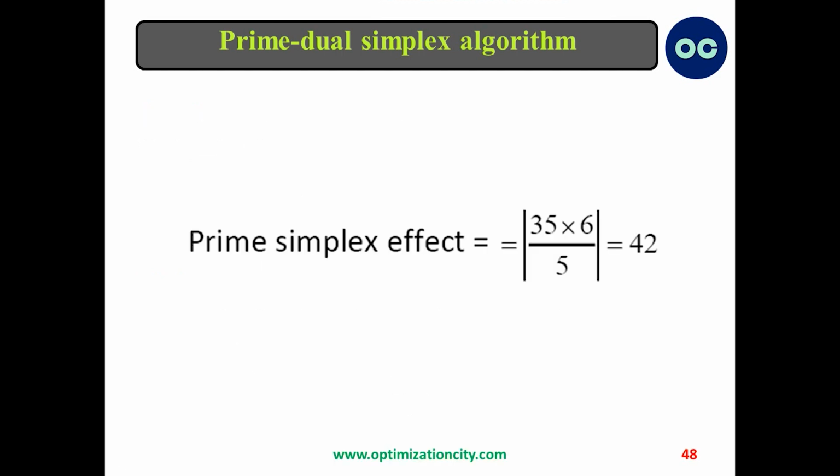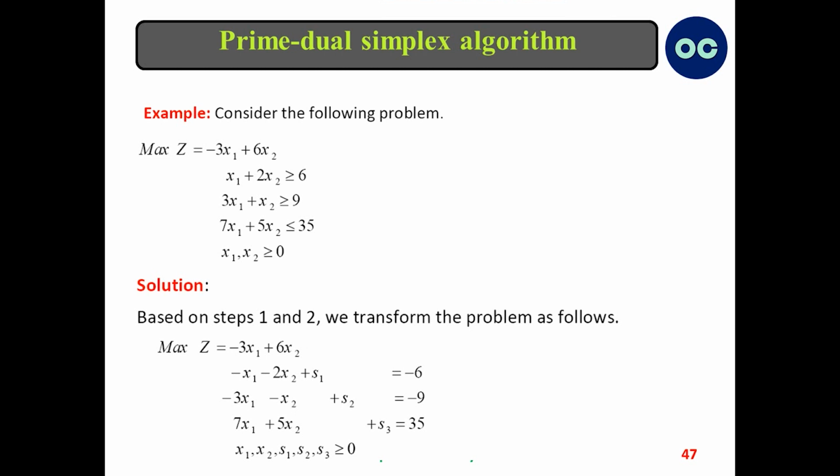Next, we calculate the primal simplex effect based on the negative coefficient of x2 in row 0, which is -6, and the only positive number in this column is 5, and the positive number on the right-hand side is 35. The calculation is as follows. So here we have 35 as b_i. This is a positive value, and 6 is the negative coefficient of x2 in the objective function.